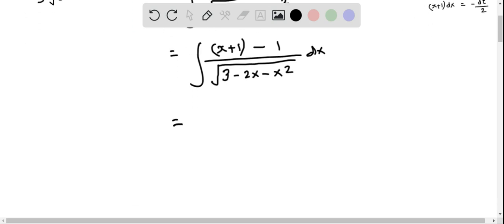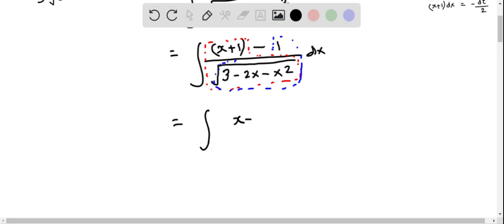Now this could be written as two parts. So I'm going to write down considering this as one part of the fraction, and another part of the fraction I can consider this negative 1 like this. So let me write this.